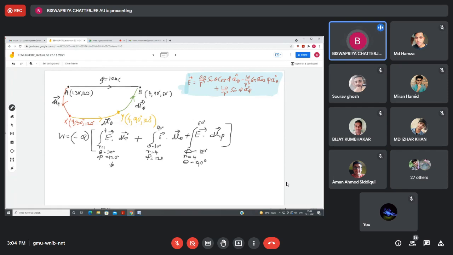Okay, so in this way you have to carry out this third integration. Let us assume these as I1, I2 and I3. You see that in I1 only dlr will be there.